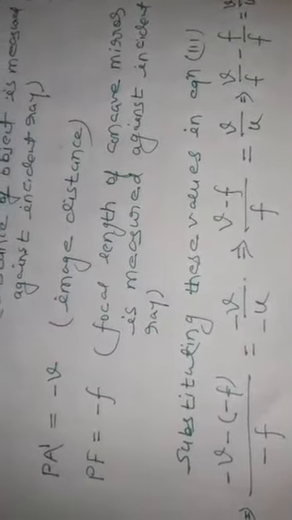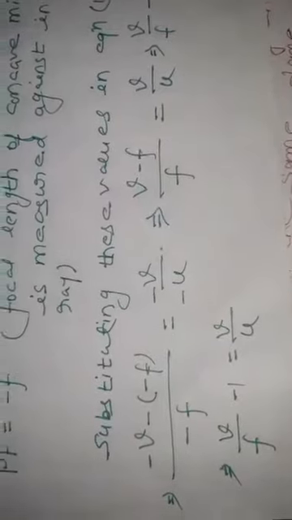See the figure, PA dash is the distance of an image from the pole. PF is nothing but your focal length of the concave mirror, measured against the incident ray.